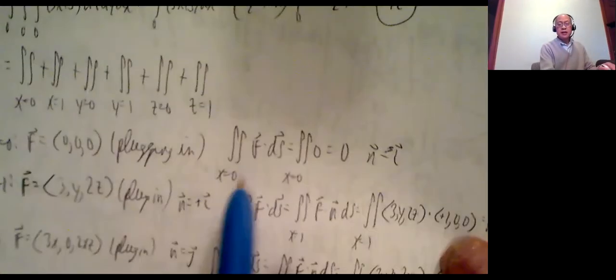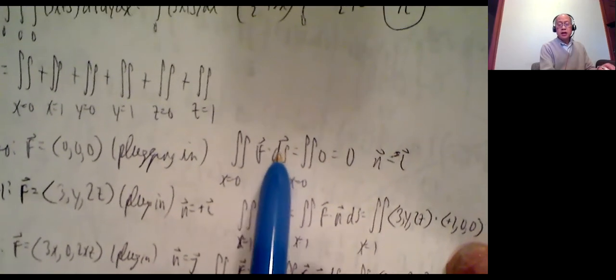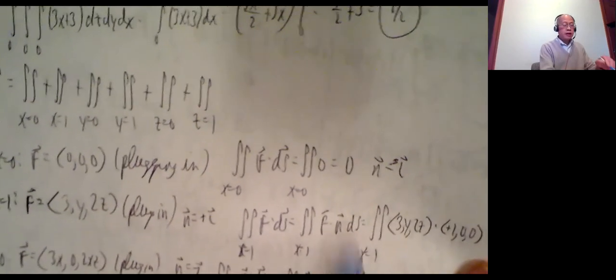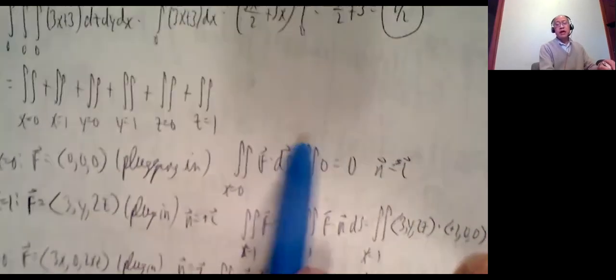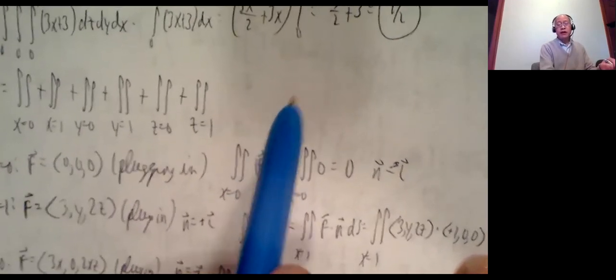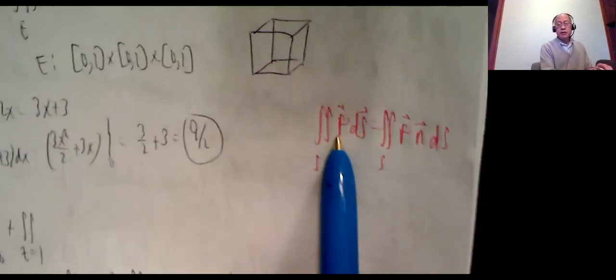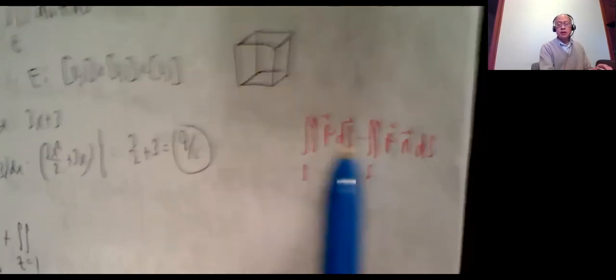So F dot dS is a tiny change in a vector across the surface. Think of this piece of paper, and heat is going through it. So that would be a vector. F dot d vector S could be thought of as work, force times distance.